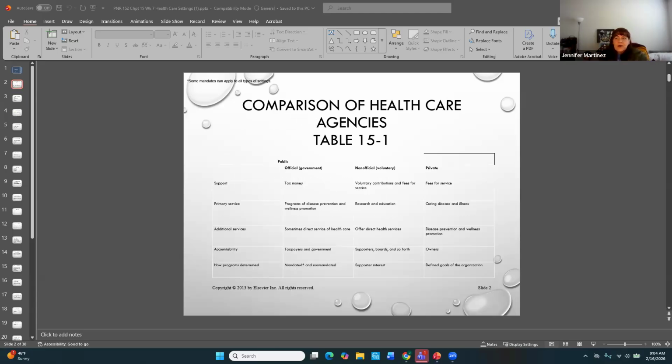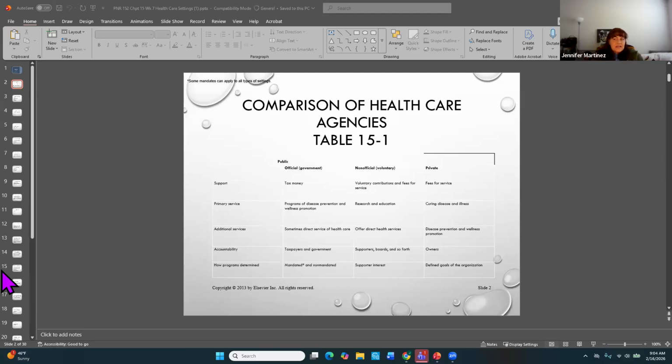There are two types of public healthcare agencies, official and voluntary. That's where these terms come from. Official government healthcare agencies are supported by tax money. They're accountable to the taxpayers as well as the government.